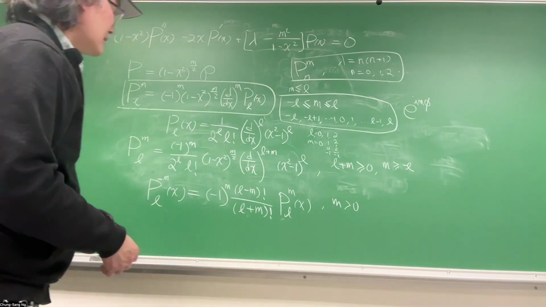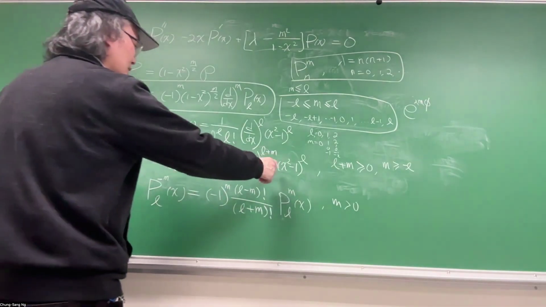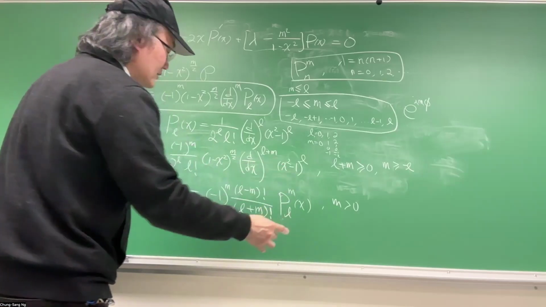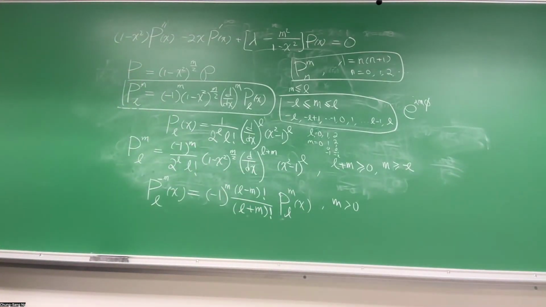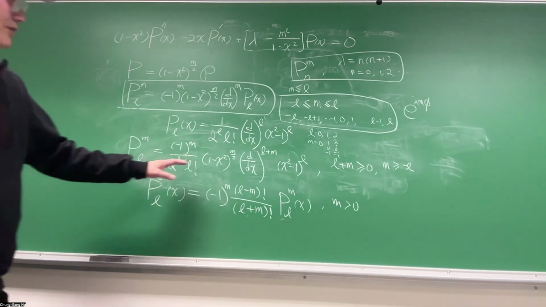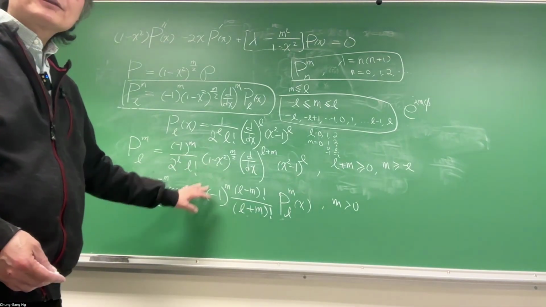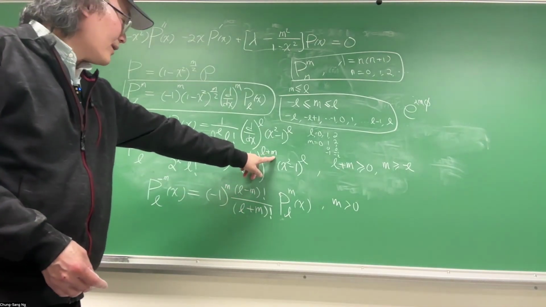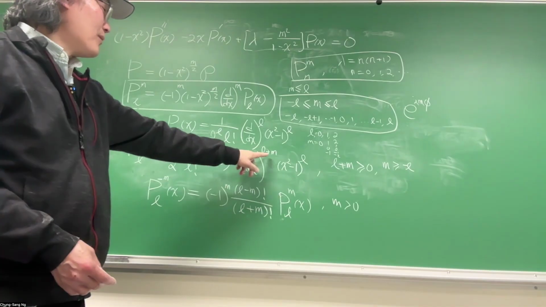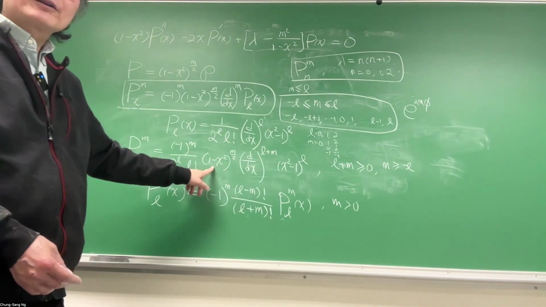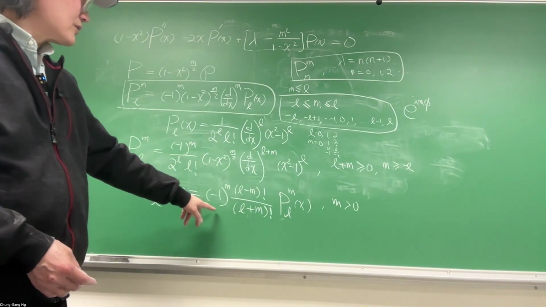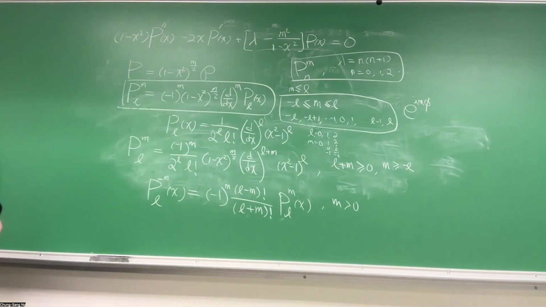But then after everything, after you take enough derivatives, you see that after some cancellation, they are actually the same. Whether you're taking L plus m derivatives or L minus m derivatives, after you multiply by a corresponding factor, it turns out to be proportional to each other with this proportionality constant.